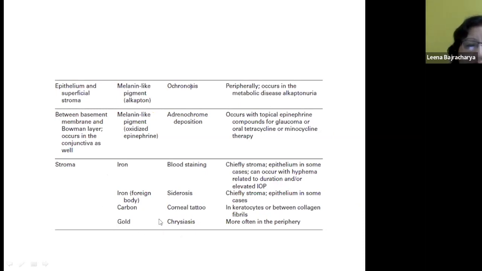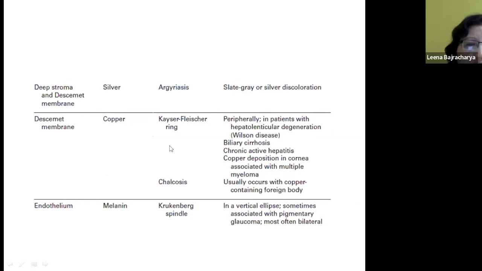It is not common. And siderosis because of an iron foreign body, and blood staining may occur in case of hyphema. So these are some important deposits which we have to know. Other deposits are the KF ring, which Dr. Rachana will be talking about, and another important one is the Krukenberg spindle in pigmentary glaucoma.